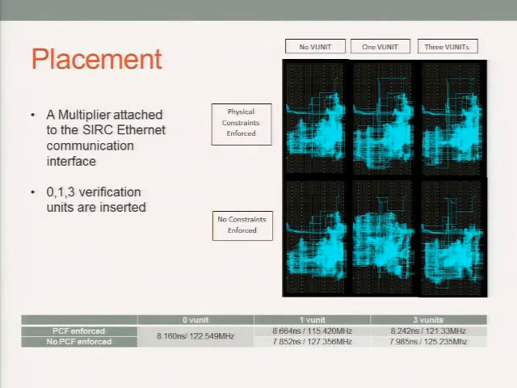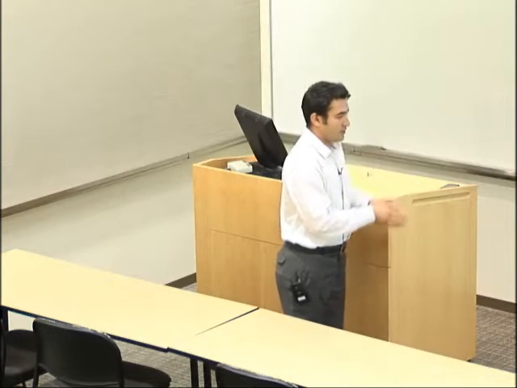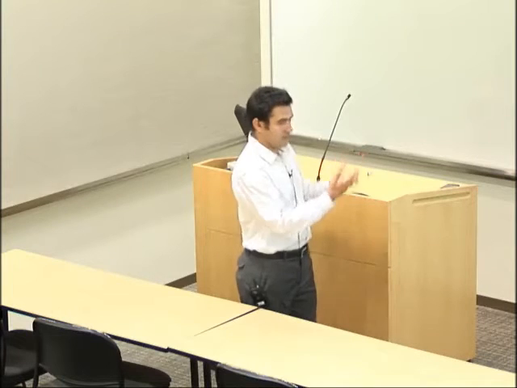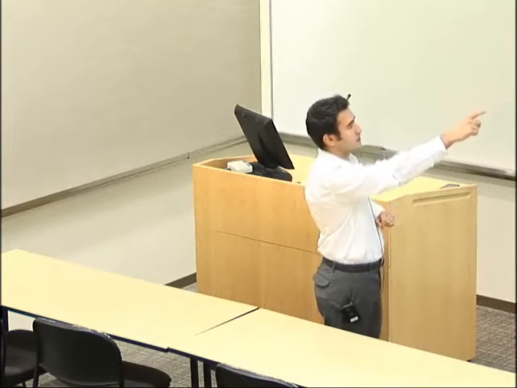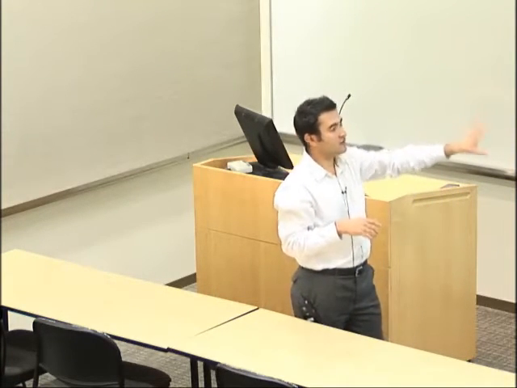One example: I'm assuming I'm debugging a multiplier, which is attached to the Ethernet communication interface. I add one verification unit or three verification units. In the three top figures I am enforcing the placement to follow the behavior when there is no verification unit, and in the bottom figure I'm not enforcing constraints.